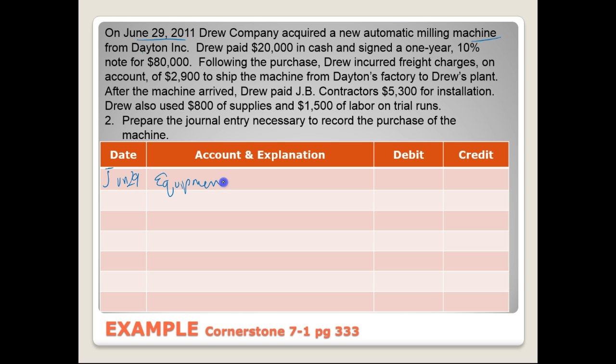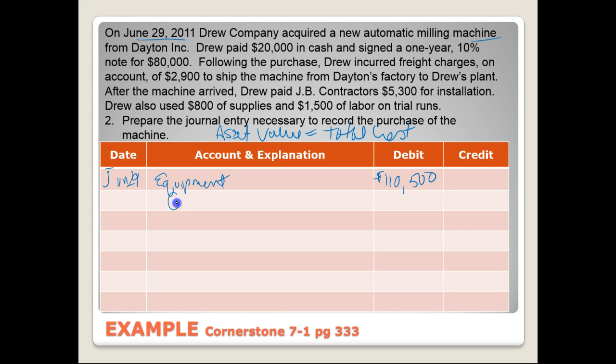And what was the total asset value for this piece of equipment? Well, the total asset value, remember, asset value equals the total cost. And what was the total cost of this machine? Yeah, it was $110,500. Now, what were the various ways we paid for that $110,500?